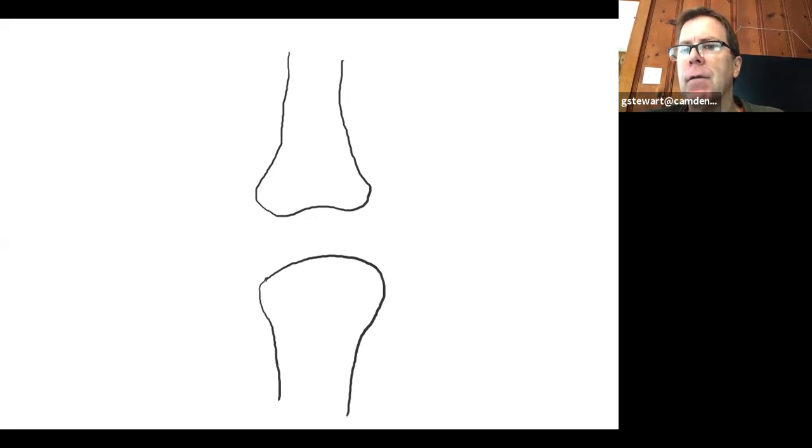There is articular cartilage on the surface of each of these bones. I'm exaggerating the space. There's not this much space between two bones at a joint. It's just so we can fit it all in. And there's articular cartilage on the surface of this bone.